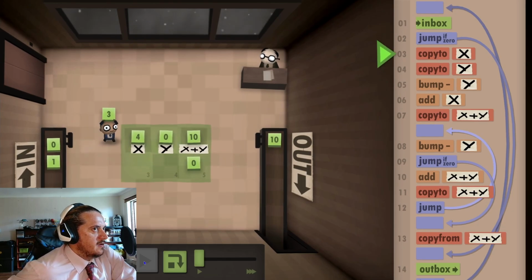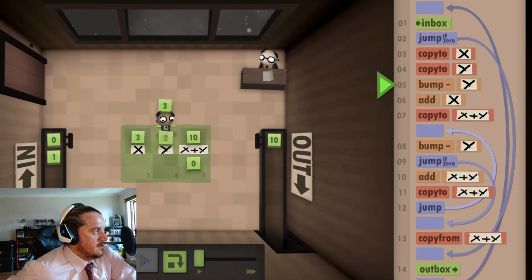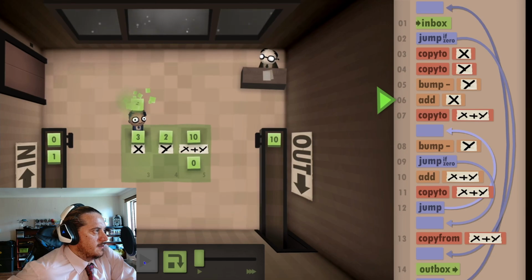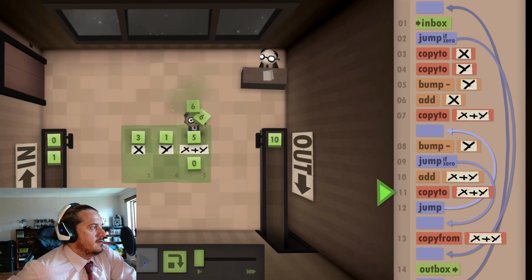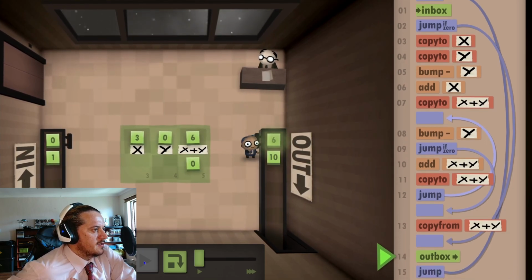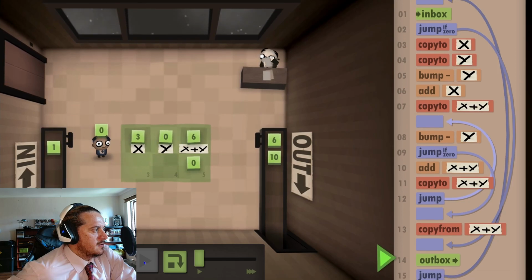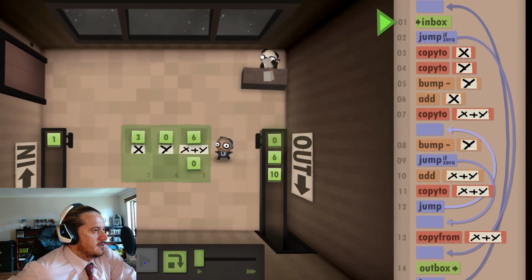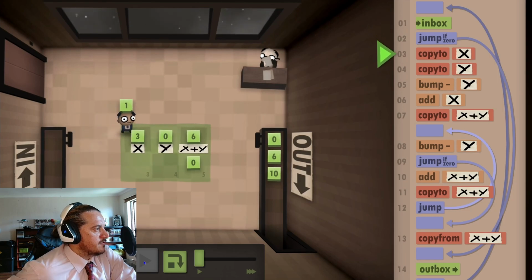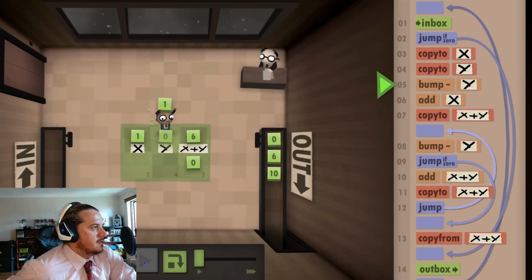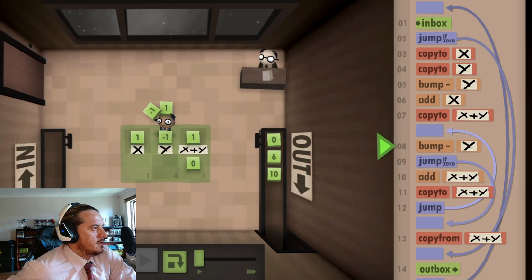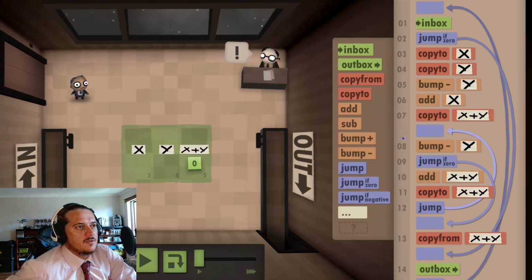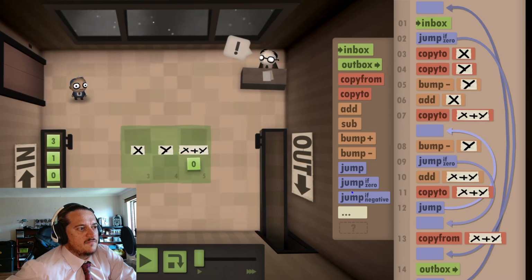Have a 3. Okay. Something funny happens with 1. Yeah, 1 is where things go wrong. There, okay, I see it. So there must be an if.